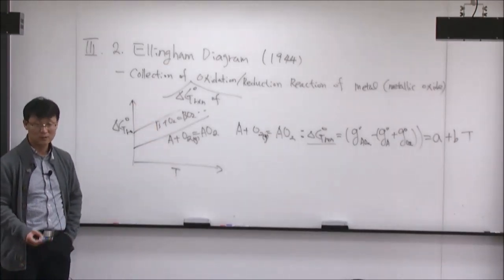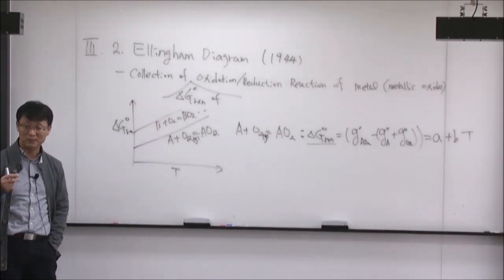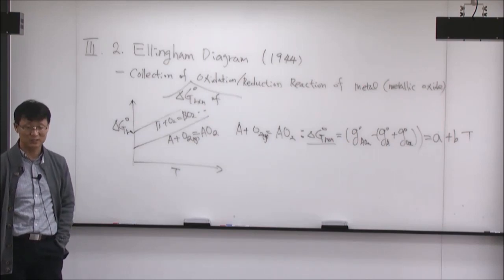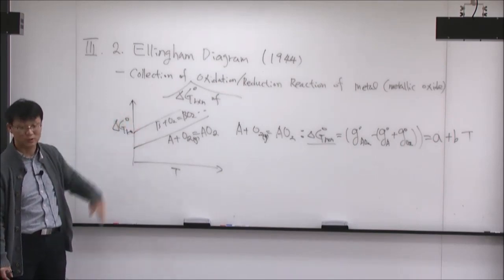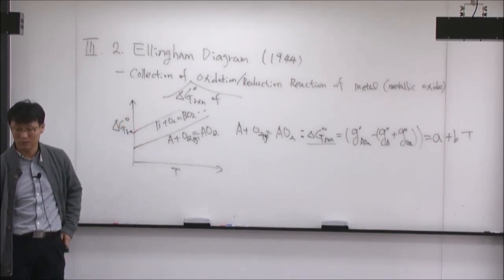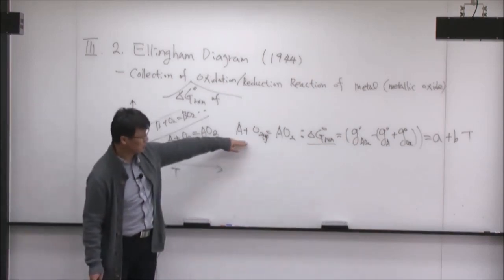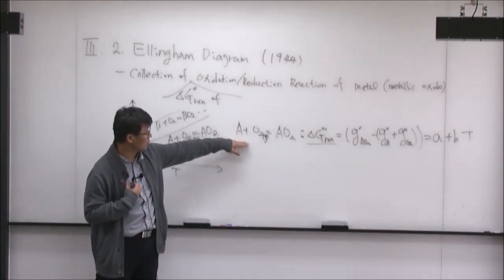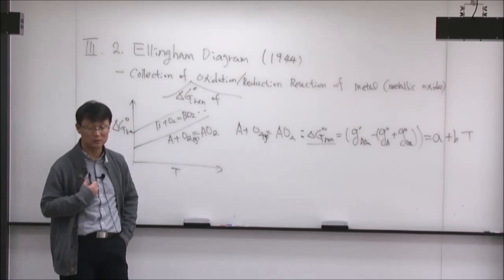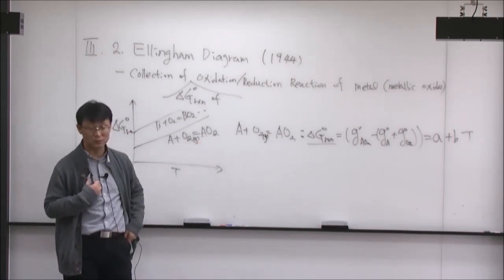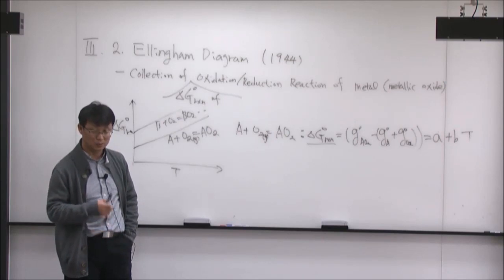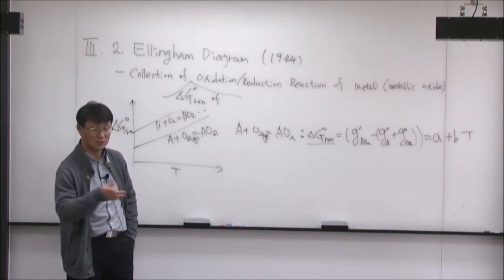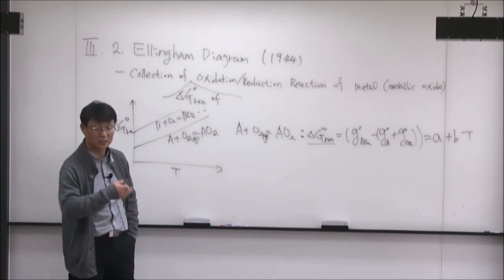So you have all of these in one graph. Even though you don't have the delta G naught of reaction as a function of temperature, when you have this kind of graph, you can find out what the delta G naught of reaction is. So for example, if I want to calculate the equivalent partial pressure of oxygen for this chemical reaction, then I need delta G naught of this reaction, because delta G of reaction equals delta G naught plus RT ln K, and delta G becomes 0.